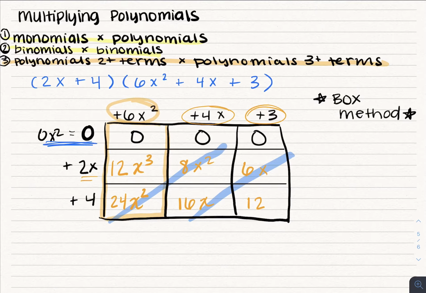So 24x squared plus 8x squared is 32x squared. I forgot to say the squared, I apologize. And so now on this diagonal, we have 16x plus 6x, which is 22x. Right? And those are positive. And then we can see this diagonal and this one, they don't have anything to add, so they're just themselves.